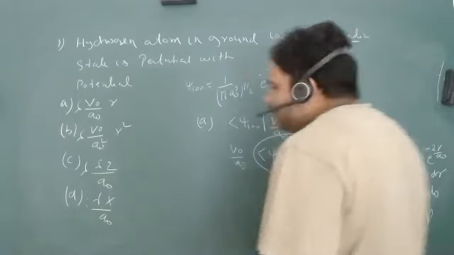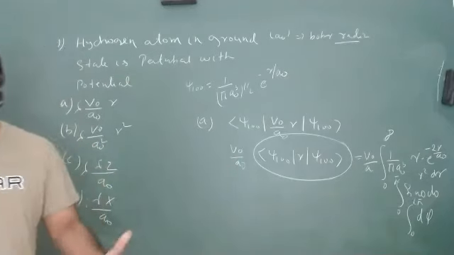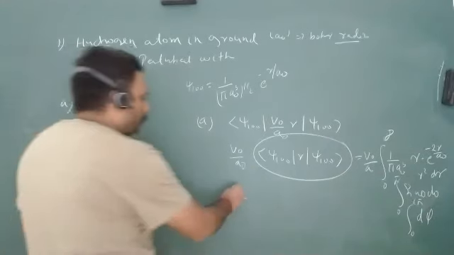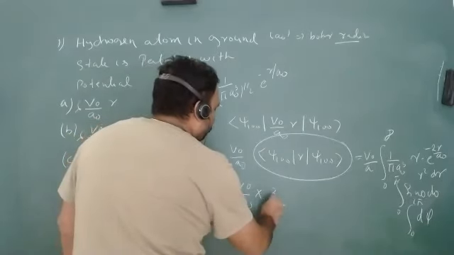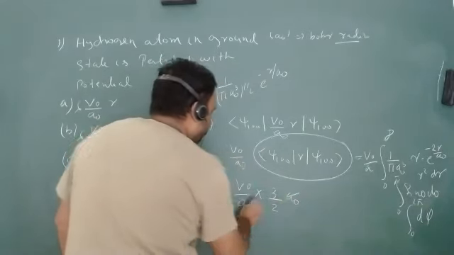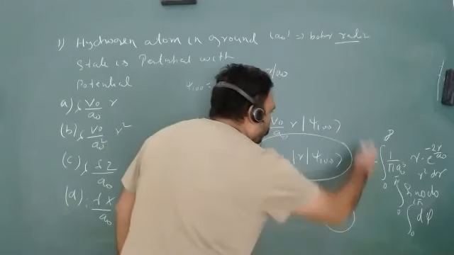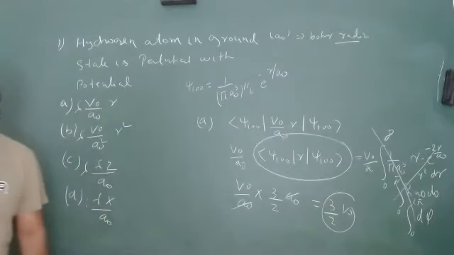But what will be this answer? No need for calculation. The expectation value of R we have calculated is 3 by 2 a naught. So V naught upon a naught into 3 by 2 a naught. We have done this, so this will be 3 by 2 V naught. No need to go into this, since we know the expectation value of R and have calculated it earlier.